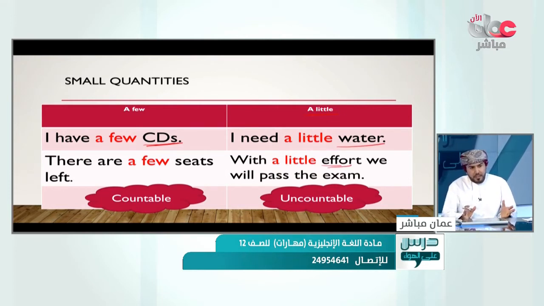So the idea here in general, a few should be followed by countable nouns, and a little should be followed by uncountable nouns, and both of them give the positive meaning, positive connotation. That's it. Let's move to the next slide.